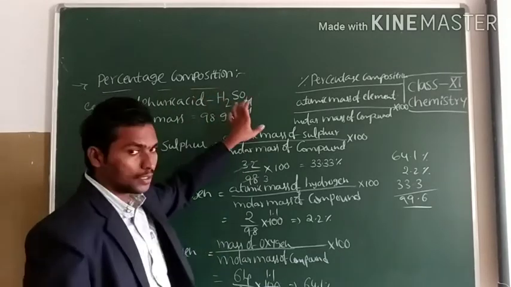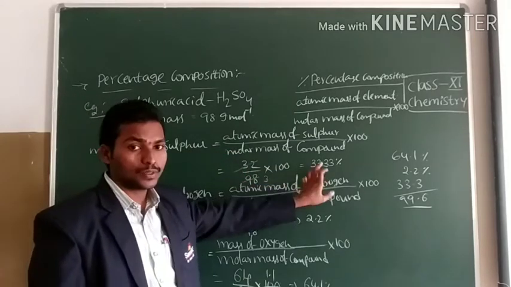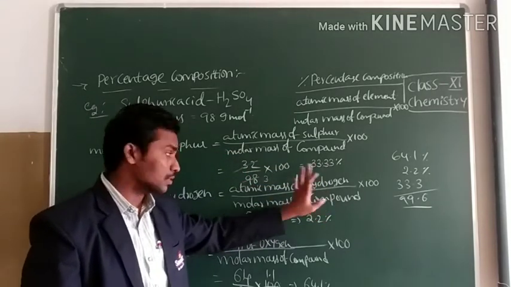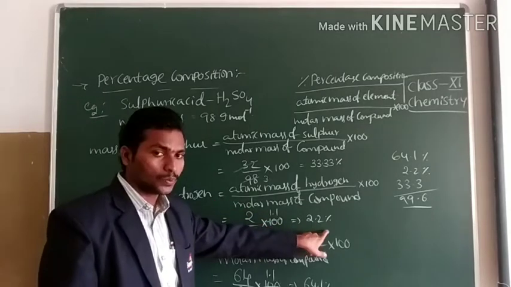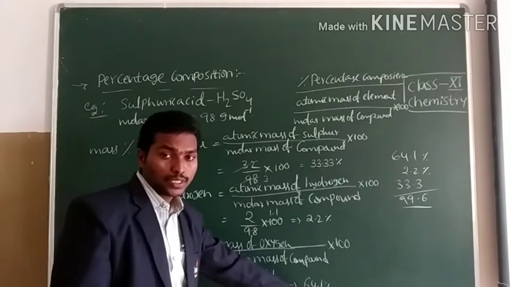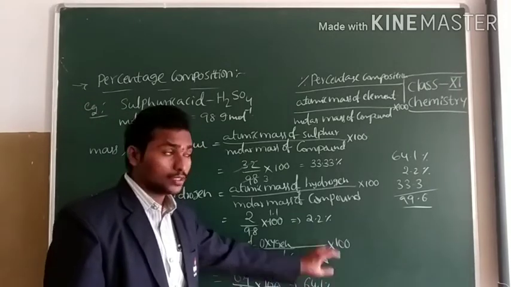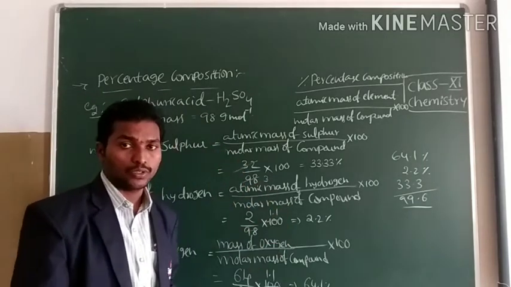So in sulfuric acid, the percentage composition of sulfur is around 33.33%, the percentage composition of hydrogen is around 2.2%, and the percentage composition of oxygen is around 64.1%. This is the way we have to find out the percentage composition in the given molecule or compound.